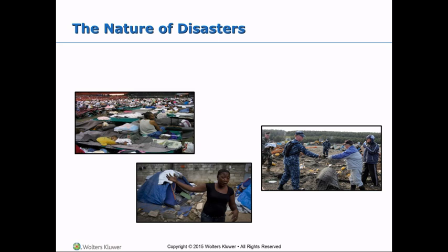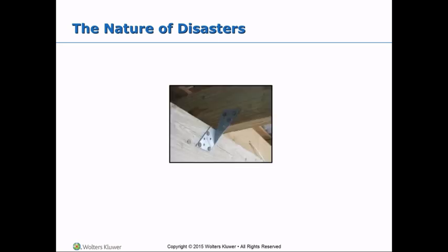For example, here in our hurricane-heavy area, building code requires the use of hurricane clips when constructing new buildings and houses. This code is intended to prevent buildings from being torn apart during a hurricane.